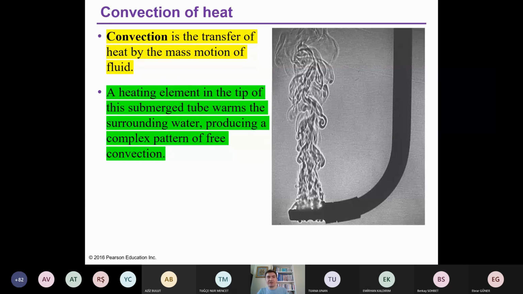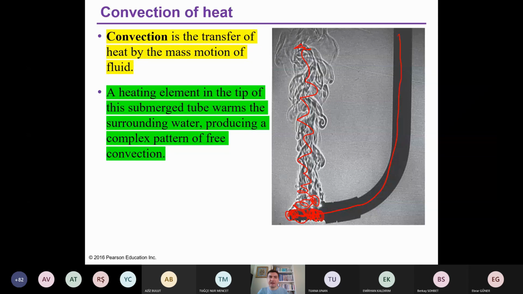As I explained at the beginning of this part, convection is the transfer of heat by mass motion of fluid. Here we have a metal rod, and then this part is very hot, let's say, and then you transfer heat to this water here, and this hot liquid flows in the fluid.